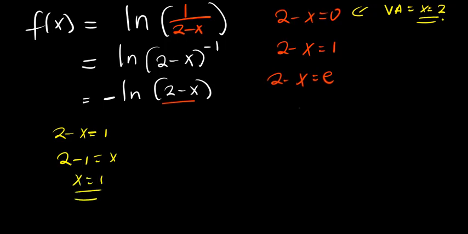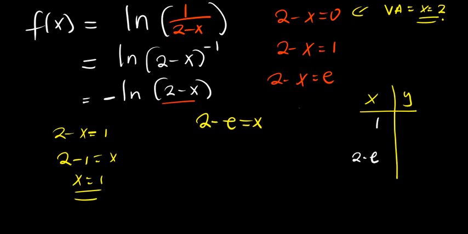For the other one, 2 - x = e, so that becomes 2 - e = x. So I've got two x-coordinates. When x is equal to 1 and when x is equal to 2 - e, what will be the values of y? Let's see.